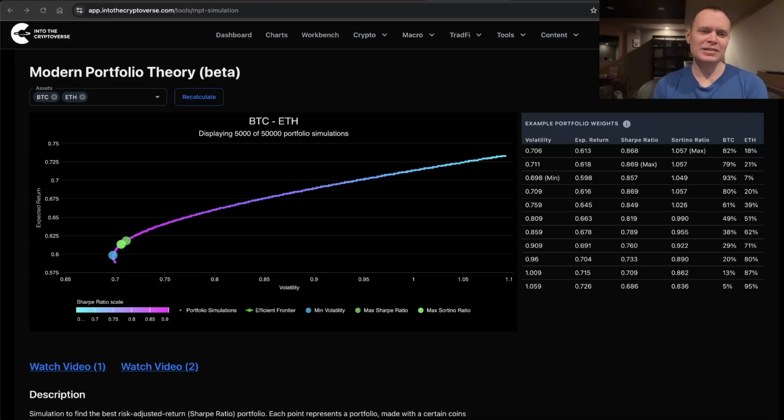Now, in an ideal world, we would have a crystal ball that would tell us where the prices of various cryptocurrencies are going to go, right? Unfortunately, we all have to admit to ourselves that no one knows where the market's going to go. But as an investor, we would like to calculate our risk adjusted returns for certain types of portfolios.